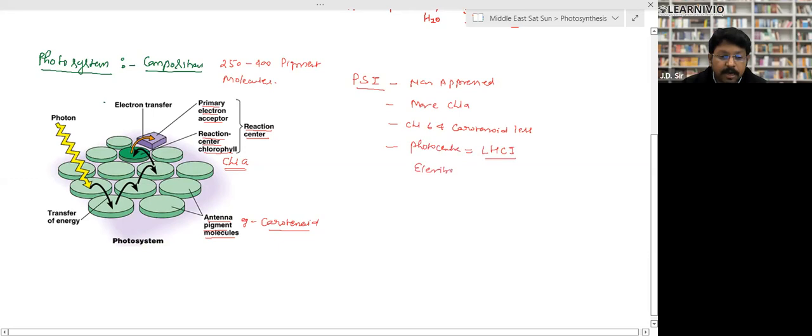The photocenter is made up of a special chlorophyll A molecule called P700.